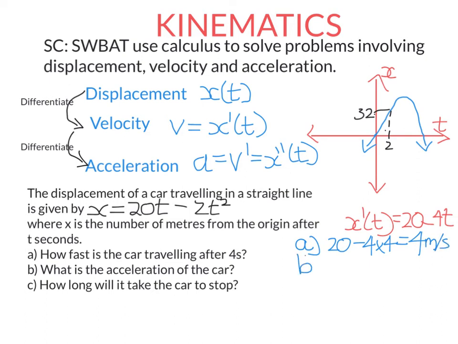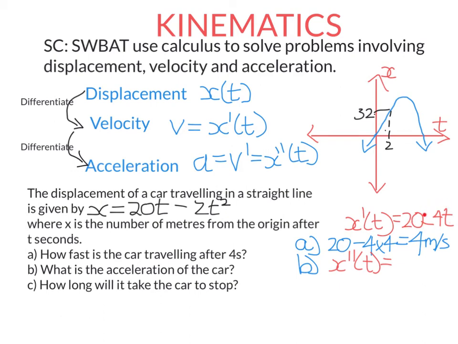To find the acceleration, we take the velocity and we differentiate it. So the second derivative of the displacement is the derivative of the derivative. To differentiate this, remember the derivative of a constant is 0. The constants just vanish when you differentiate.